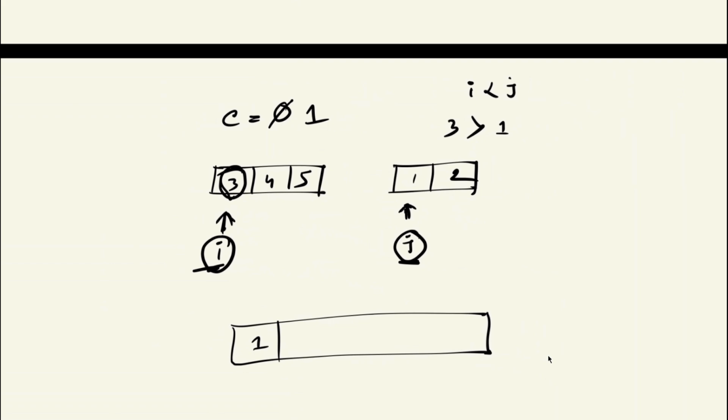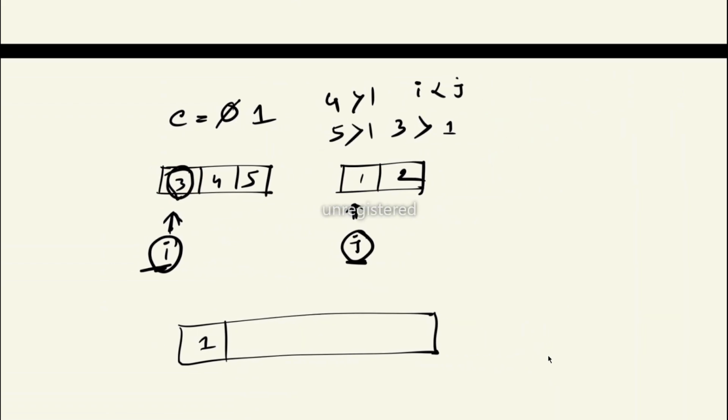Okay, now here, if you notice, if this condition is satisfied, which means 3 is greater than 1, then for all the elements to the right of the 3, this condition will be satisfied, which means 4 is also greater than 1 and 5 is also greater than 1.